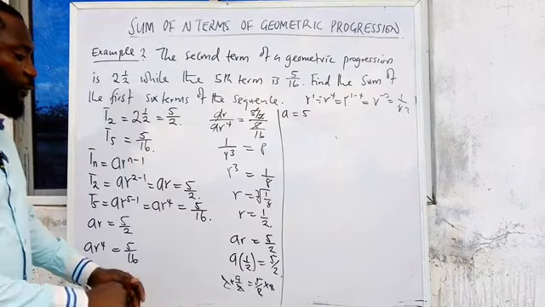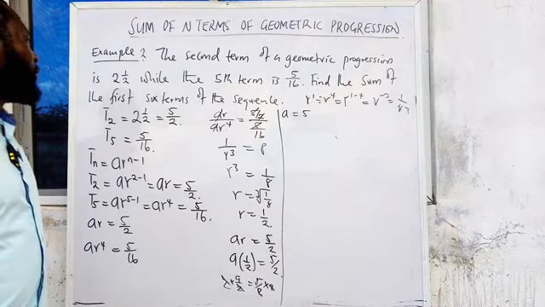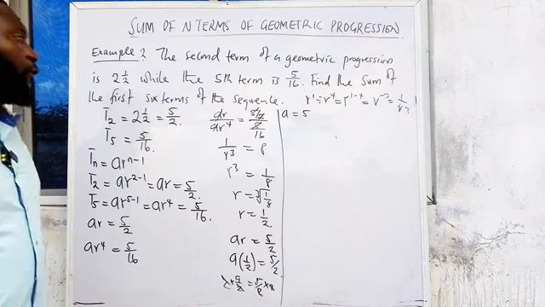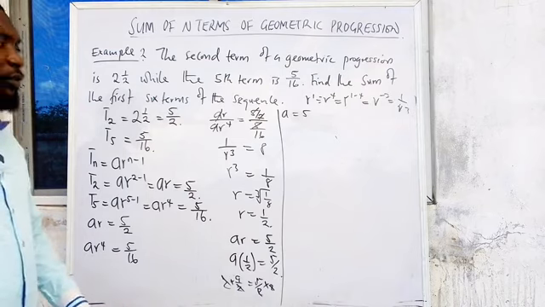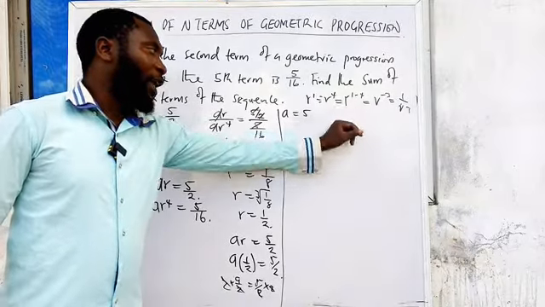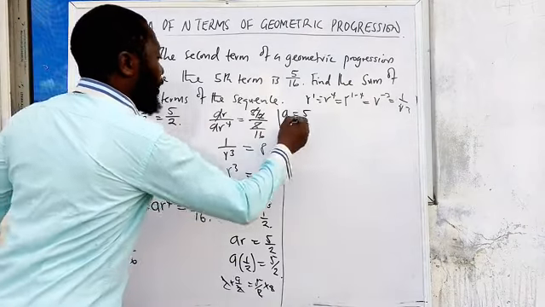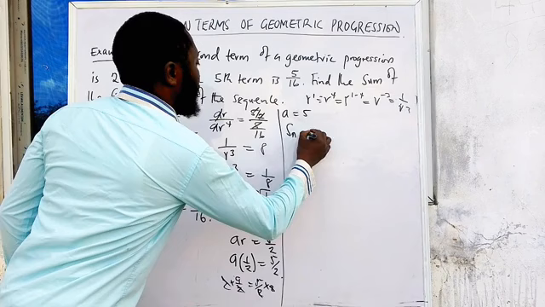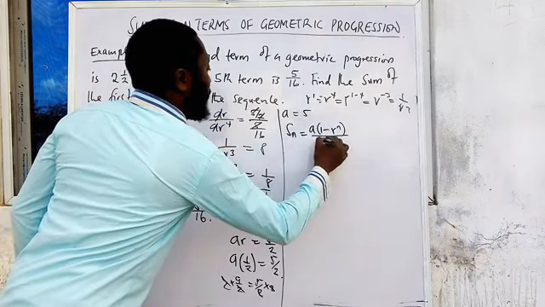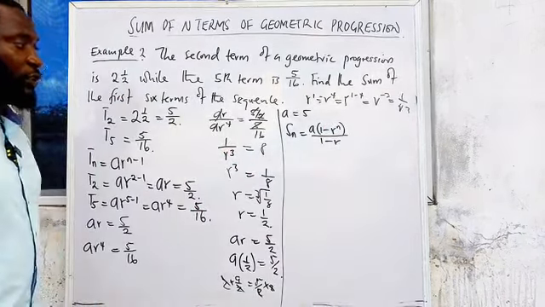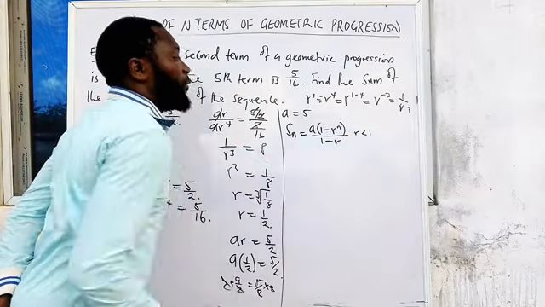Now we have the value for the first term and the common ratio, so we can easily find the sum of the first 6 terms. Which formula are we going to use? We are going to consider the formula when r is less than 1, because this half is less than 1, and that is Sn equals a open bracket 1 minus r to the power of n, close bracket, divided by 1 minus r.